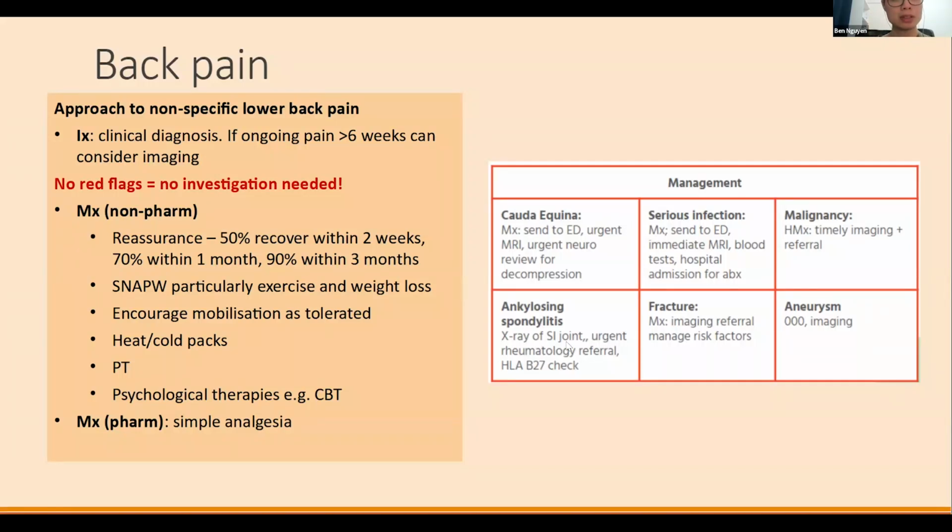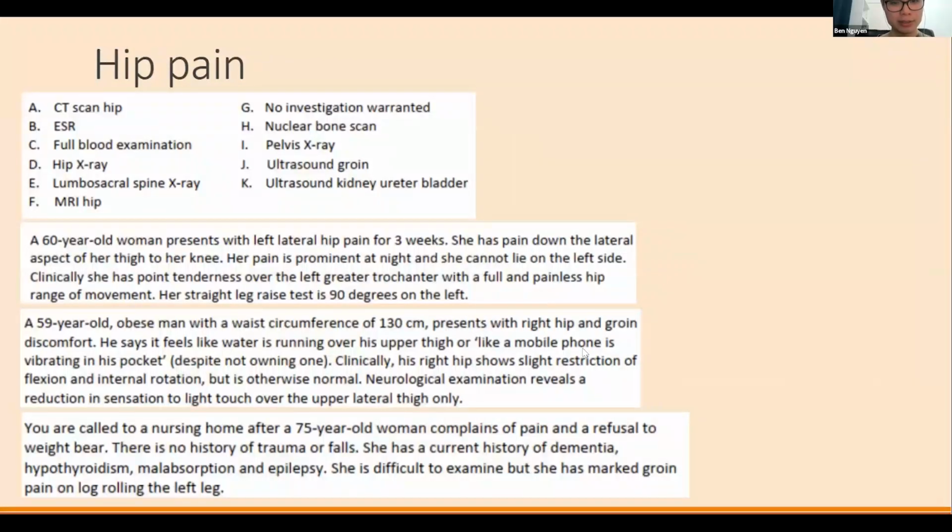Cool. Let you guys have a go at these. I think these questions are really mean, by the way. These sets of questions. But we'll see how we go. Oh, bonus points if you can give me the diagnosis for each one.